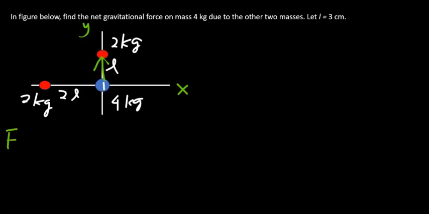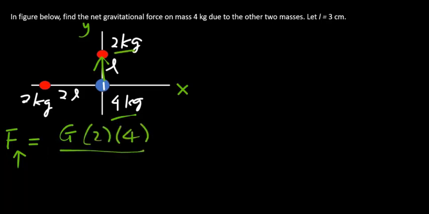So we can express that as F up, and the expression is G, the product of the two masses, 2 times 4, over the separation distance L, which is 3 centimeters, so 0.03, and don't forget the square. The direction of that pull is upward, so you can write it with a unit vector j hat. j hat is a unit vector in the direction of the positive y-axis.